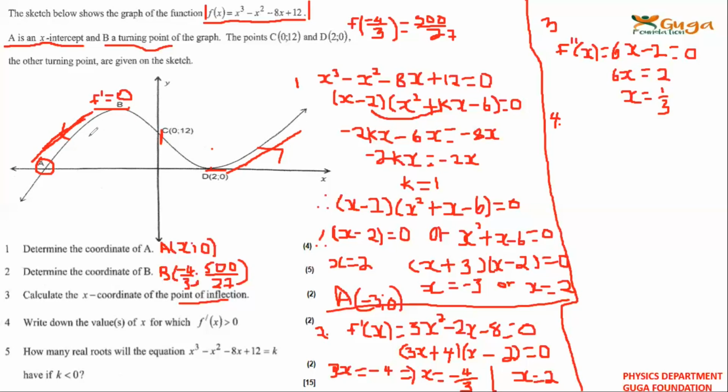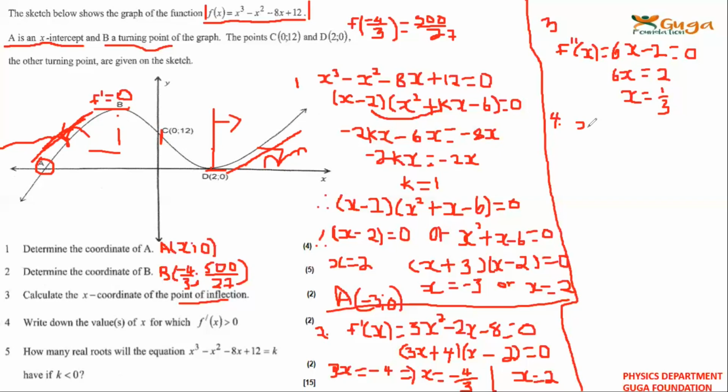So the values will be from this value of b going that side, and also from this value going this side.